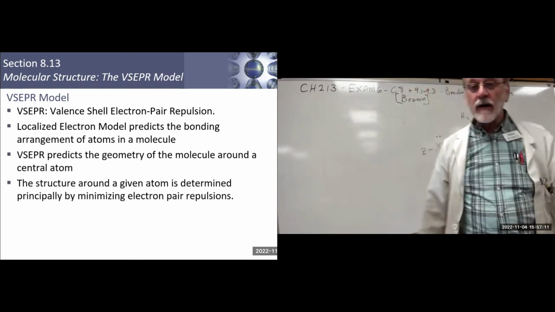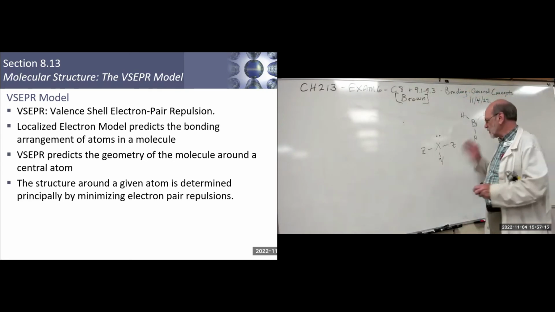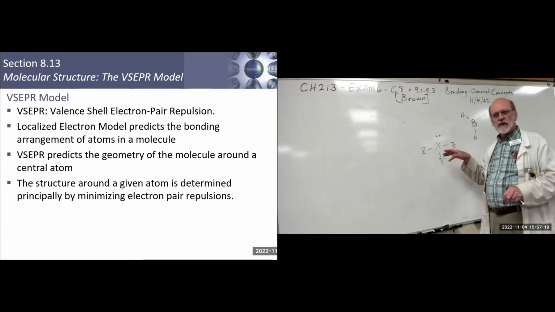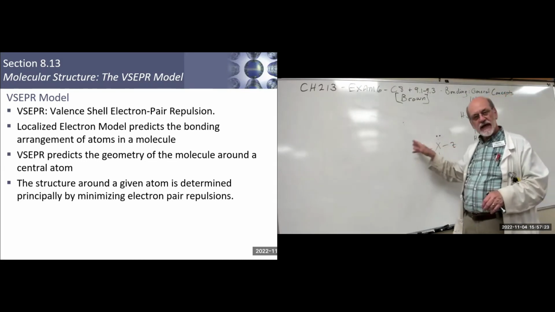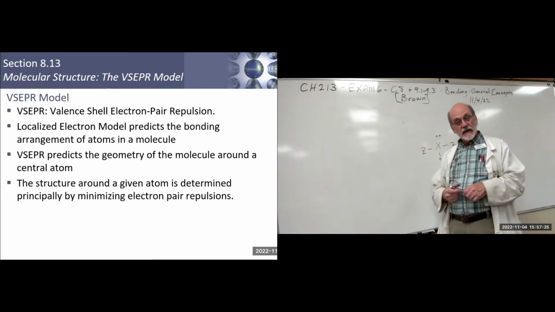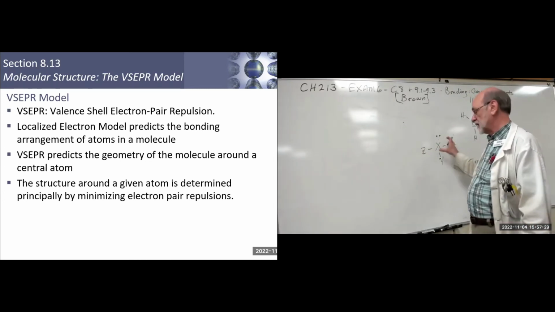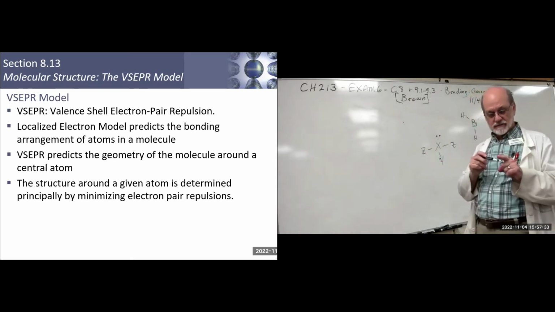All right, now we're going to try to stick with either single central atoms, or maybe molecules that have two or three central atoms. You can determine the geometry around a central atom in different parts of the same molecule, right?